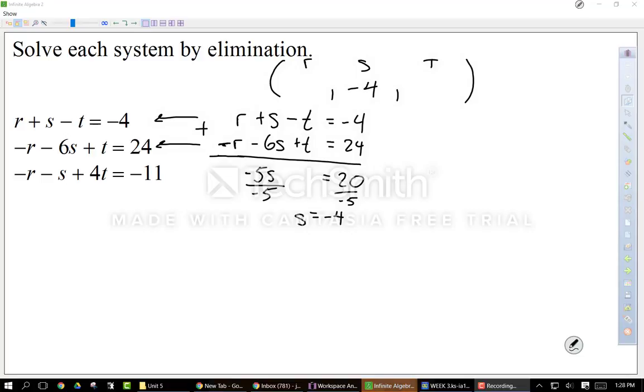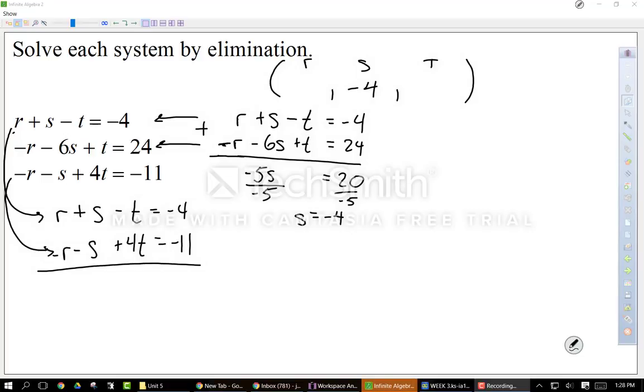Yay! So now what? I still need to find R and T. How do I do that? Well, again, if I look at my first one, R plus S minus T equals -4, and my third one, -R minus S plus 4T equals -11, my R's, if I add them, cancel out again.